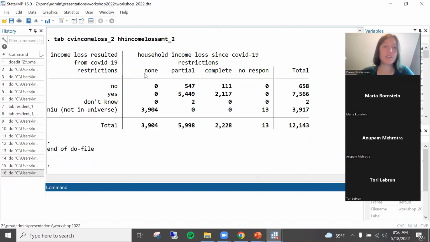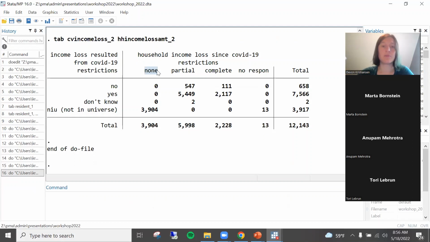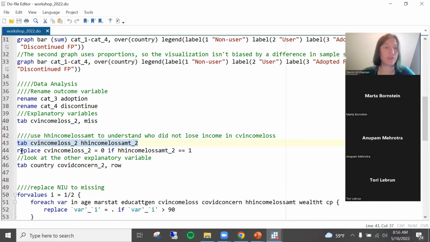So if the household did not lose income, then for CV income loss, they are not in universe. So what I'm going to do is recode our explanatory variable CV income loss to 0 or to no if the household income loss was equal to none.